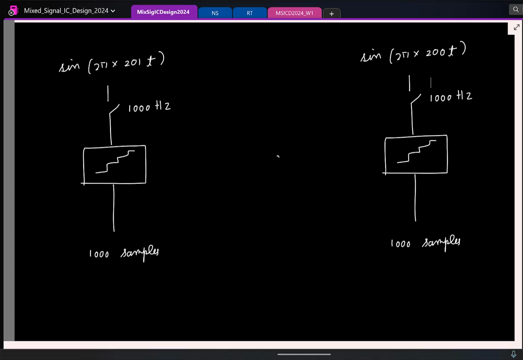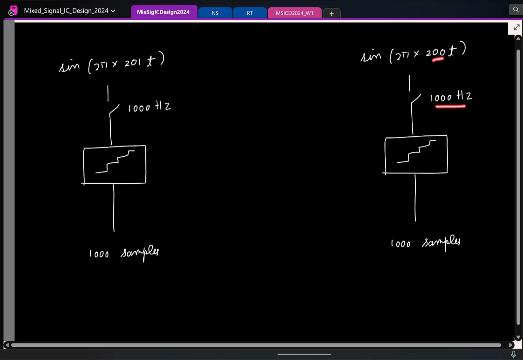The same quantization levels were repeated because the frequencies are multiples. At least the simple mathematical observation is that this is a multiple of this, or I would say this is a divisor of this. So let's see what happens.